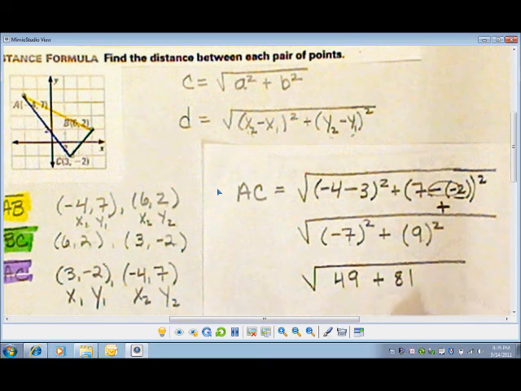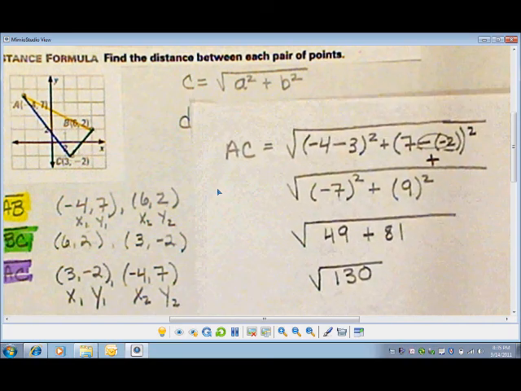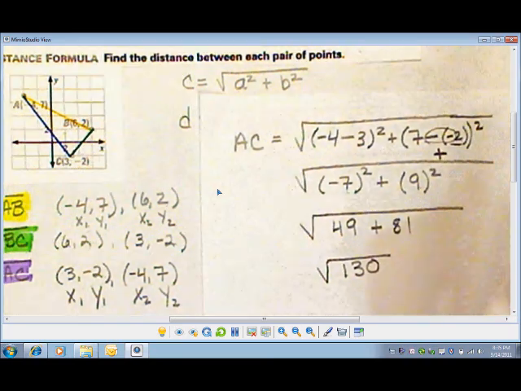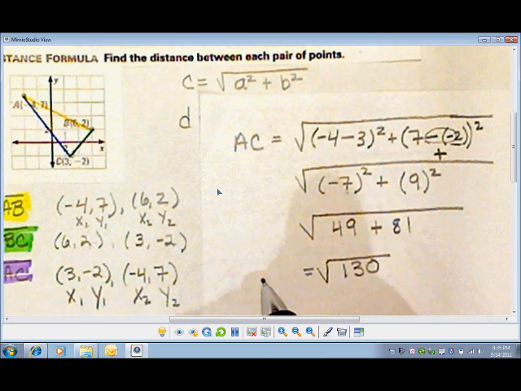Okay, so 49 plus 81 is 130. So that's what AC equals.